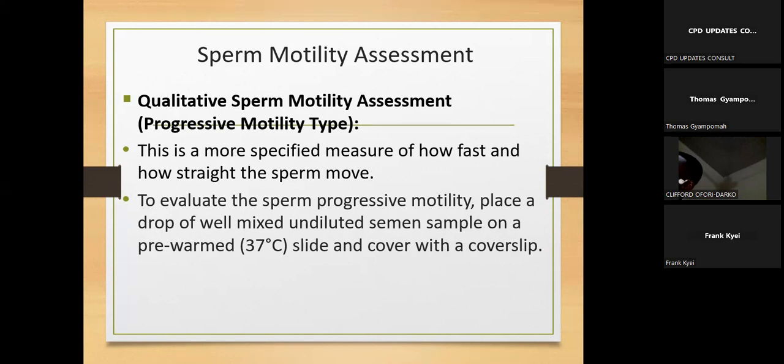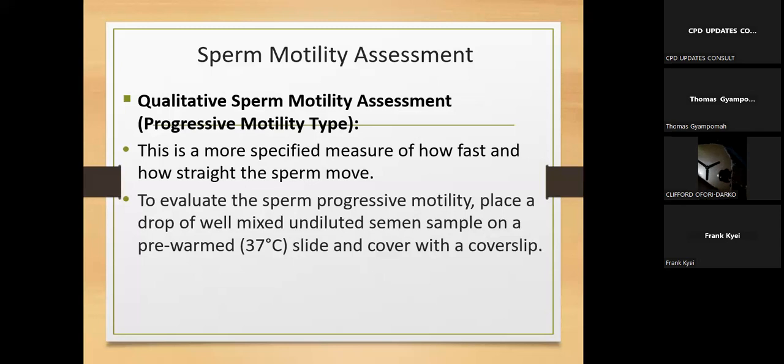So that is what we are talking about. Once you are going to reference your results with certain WHO values, then you should also ask yourself, what were the conditions that were used to establish those reference ranges? So if you use anything different, you can't compare your results with the WHO reference range.